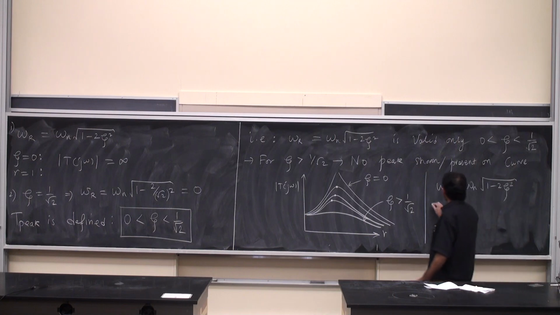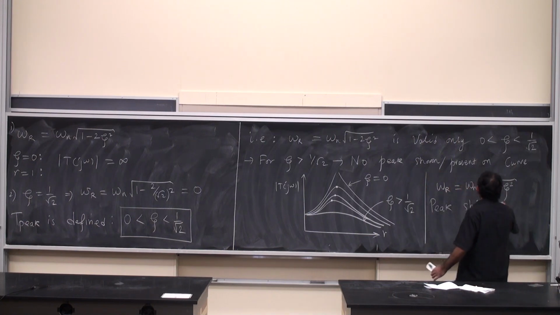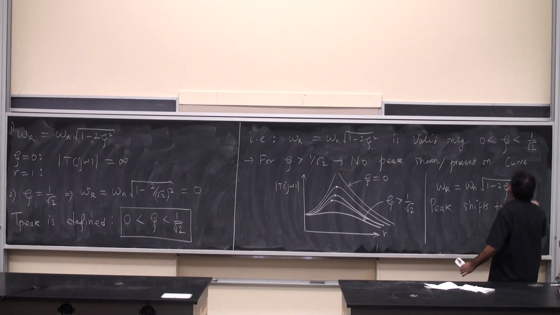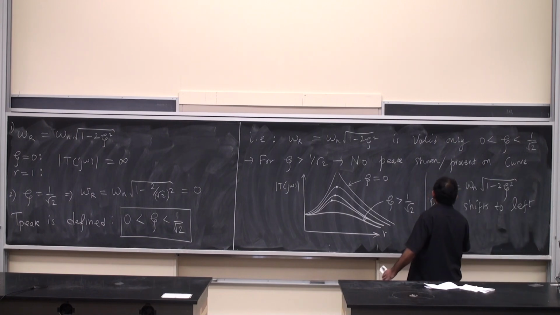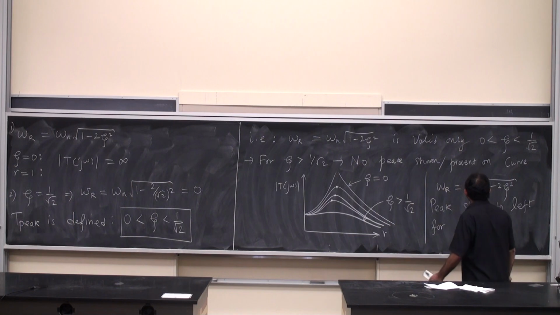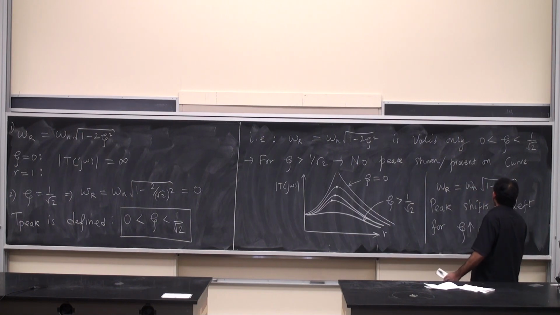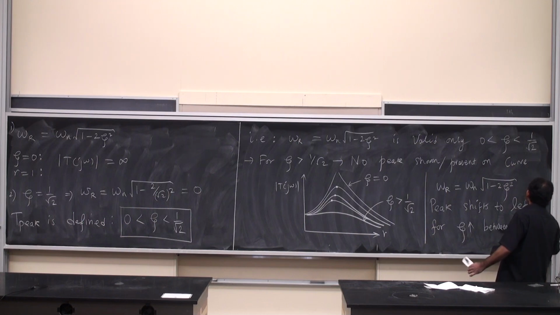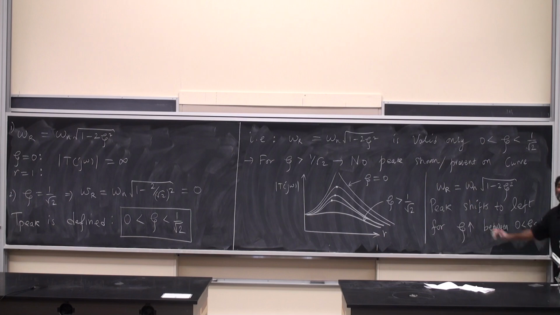Okay, so peak shifts to the left for increasing zeta between 0 and 1 by root 2. This is an important curve.